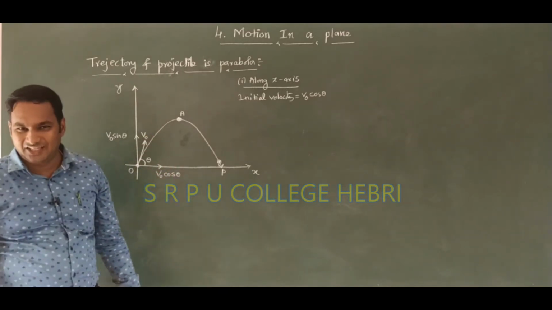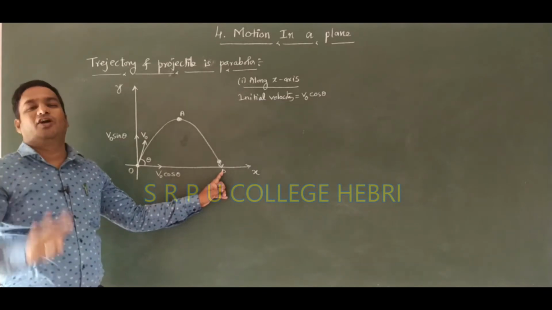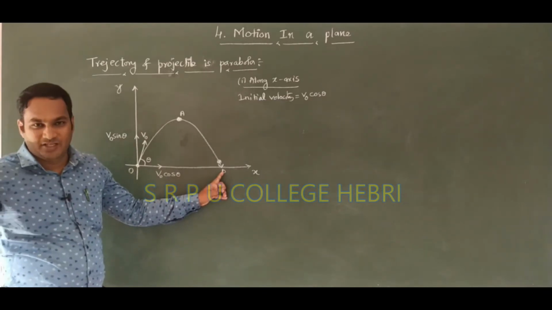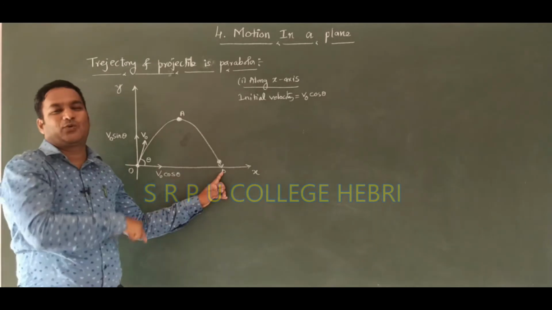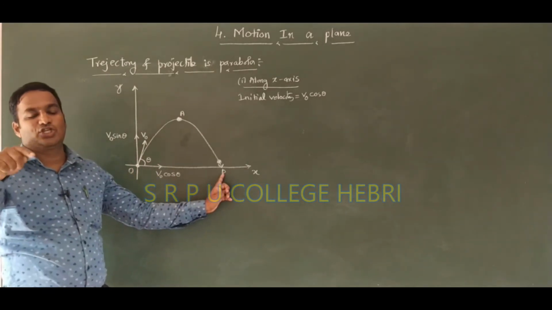There is no change. Automatically, change in velocity is equal to 0. If change in velocity is equal to 0, what is the acceleration along x-axis? 0.